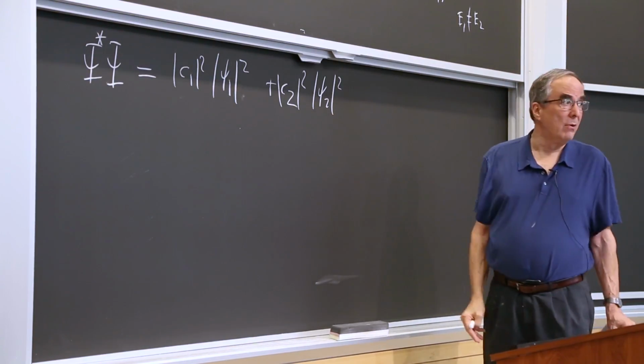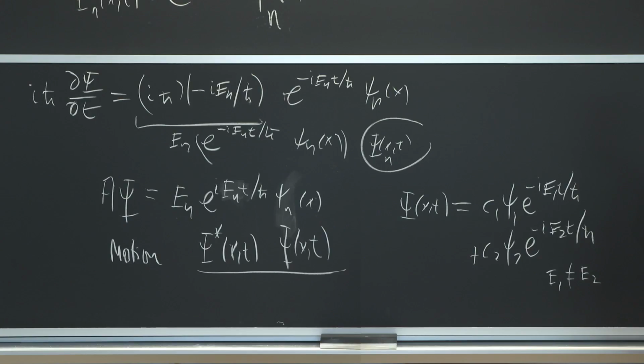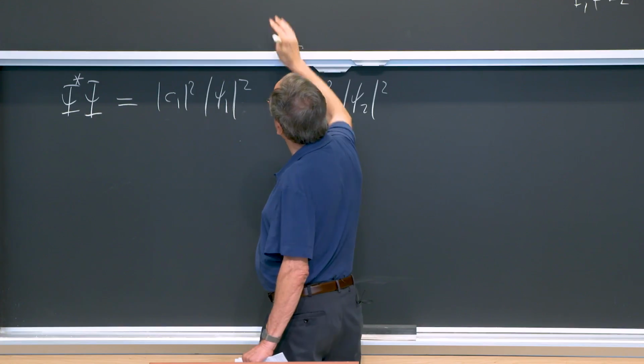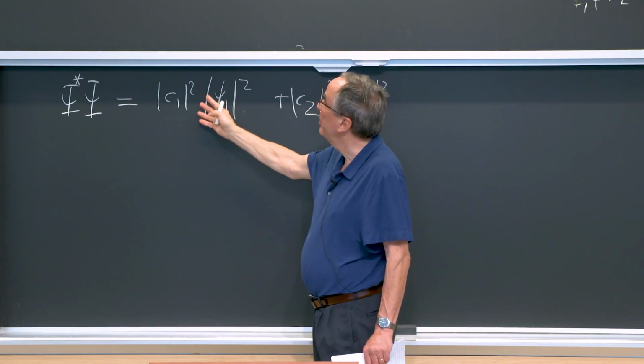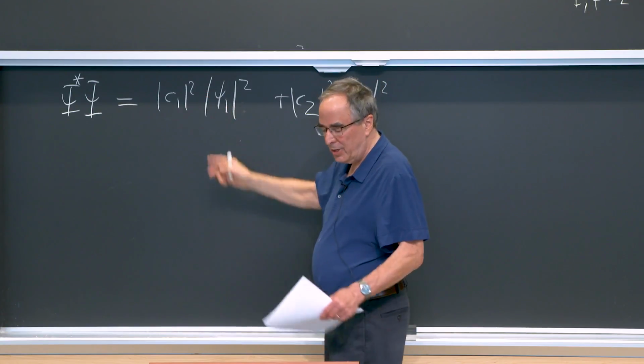Are we done? No. What I did is put in c1 psi 1 plus c2 psi 2, and I looked at the easy terms, where the exponential factor goes away. And then there's two cross terms.